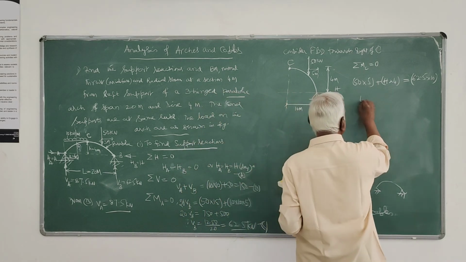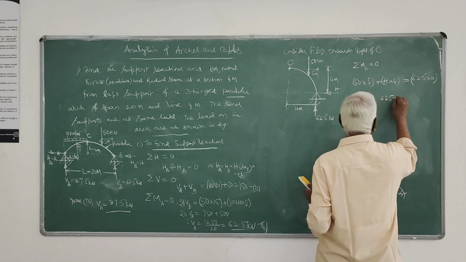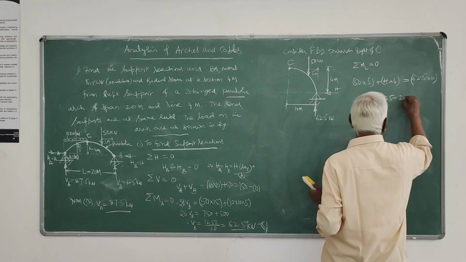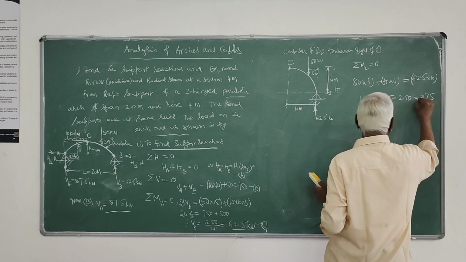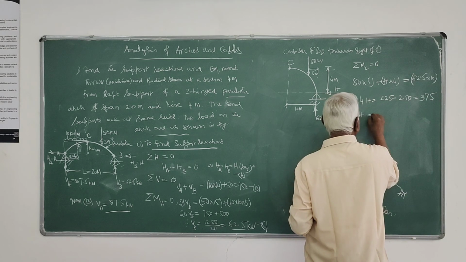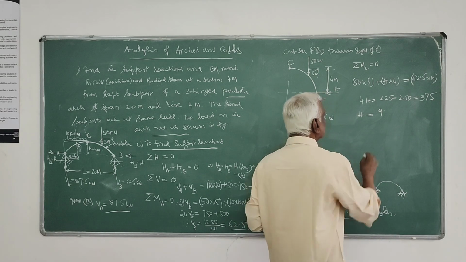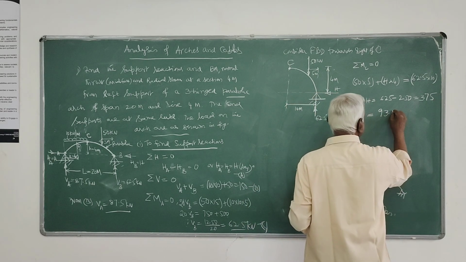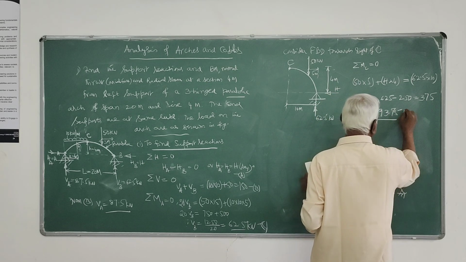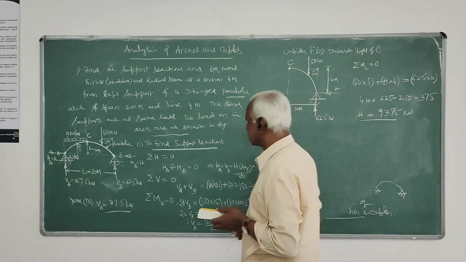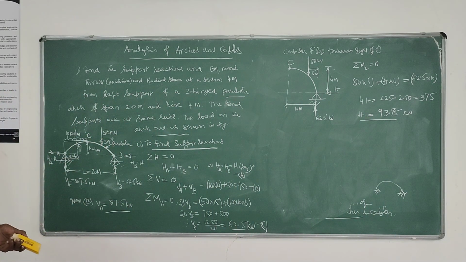Therefore, 4H equals 625 minus 250, that is 375, so H equals 375 divided by 4, which is 93.75 kilonewtons. That's all. You have determined all the support reactions.